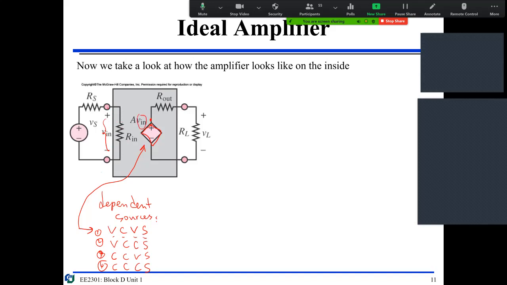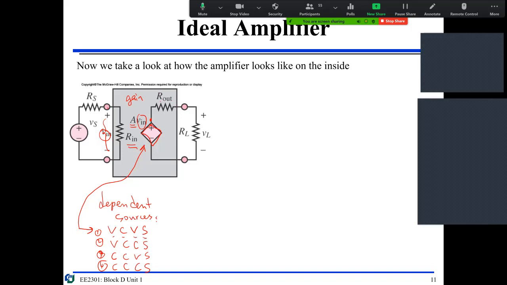V in is here, and A is my amplification coefficient, the gain. And then I have R in. Of course, I hope R in is infinite, and RS is 0, that would be nice. But let's live with this scenario.